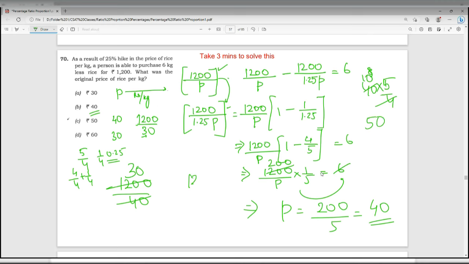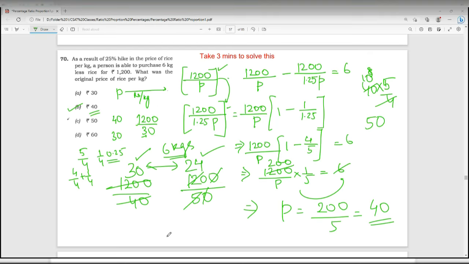So if the rice is 50 rupees per kg, now he can buy 24 kgs. Earlier he could buy 30 kgs. So this difference is 6 kgs. So the correct answer is option B. I hope you have understood this. If you have any doubts, you can ask.